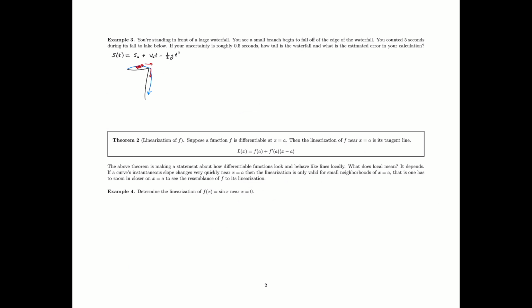Horizontally, of course, it's not 0, but we don't care about that. So the initial velocity in the vertical direction is 0, and the initial position is the waterfall's height, which we are trying to figure out effectively.